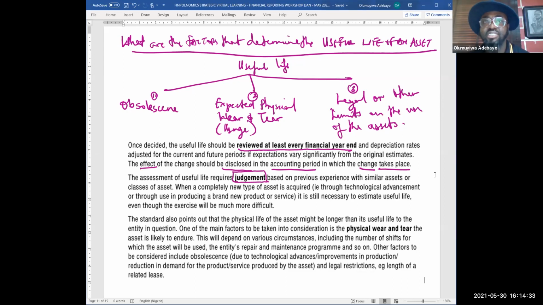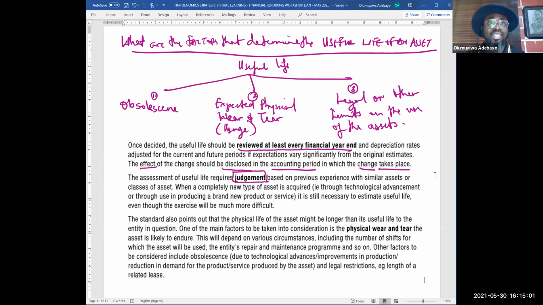Okay, now the first thing we need to ask ourselves is this. If initially you have estimated the useful life of your car to be 4 years, as you use the car year in, year out, the condition of the car should be assessed by you, whether such car can have an extended life. And if such is ascertained, what then do you do?